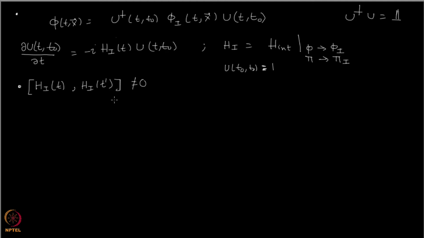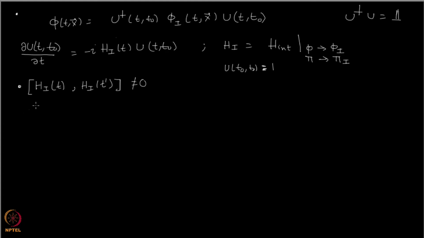Only when you are looking at equal time commutation relations do the fields commute, but H_I's, when constructed this way, because they are fields, if you are looking at H_I with fields at time t and H_I at fields at different times, then they will not commute. So this is the source of difficulty in finding a solution to this. So we will go in steps so that things become easier.